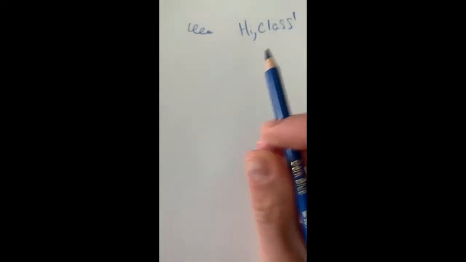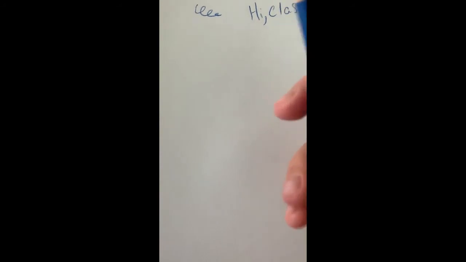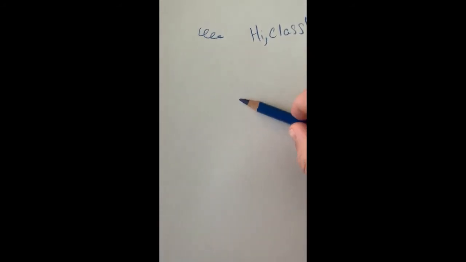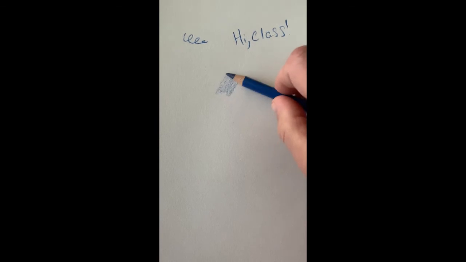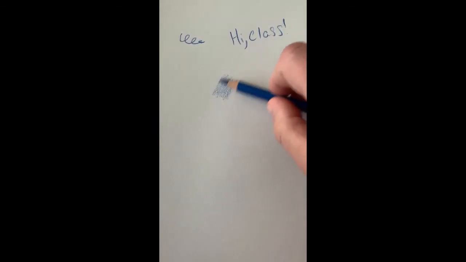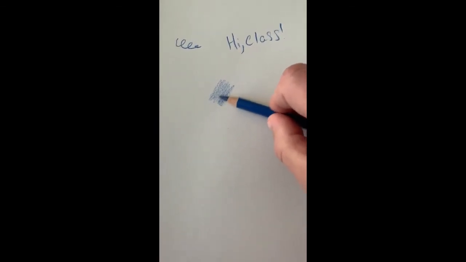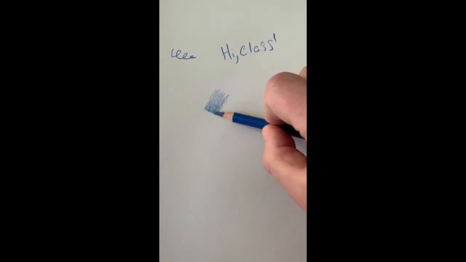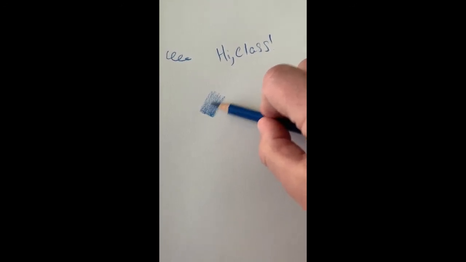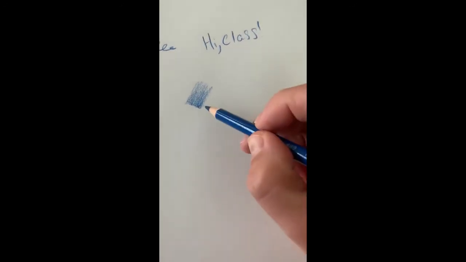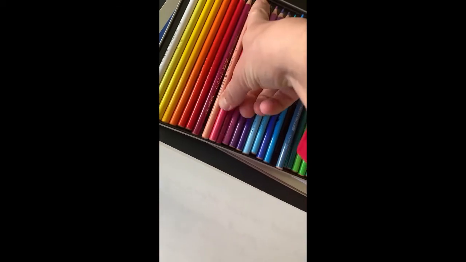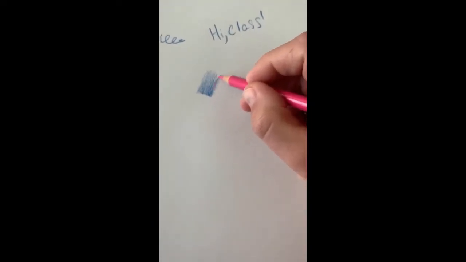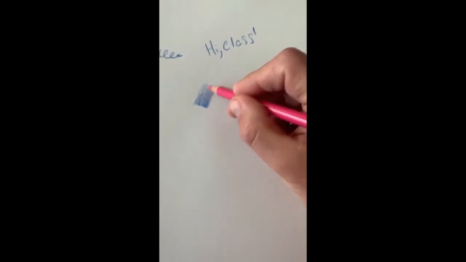But these can also be used for blending, and so I could use the side of the pencil, get a very light tone, and the more I add to one section, the darker it'll get. So there I already created a kind of a gradient from dark to light, and I can mix that with other colors too. Let's mix that with a bit of pink and get some really detailed blending with this.